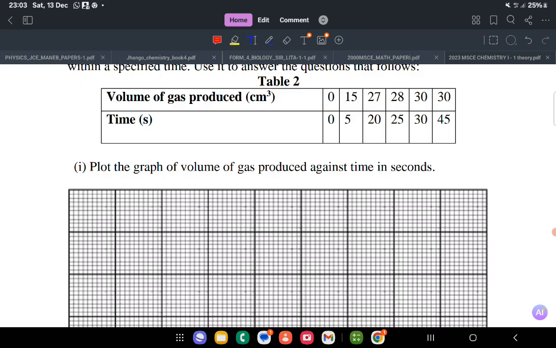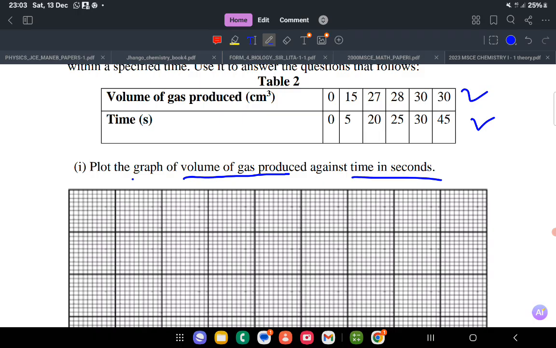So we have values of volume and the values of time there. That means the volume of gas is going to go on the y-axis and time on the x-axis. Watch out.